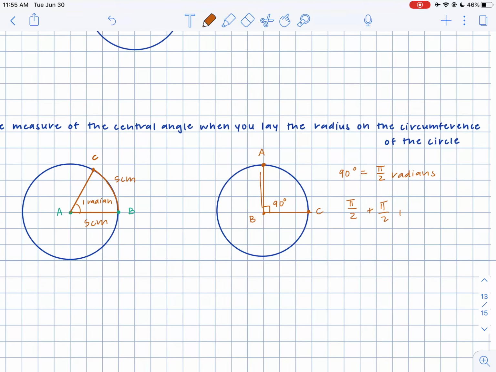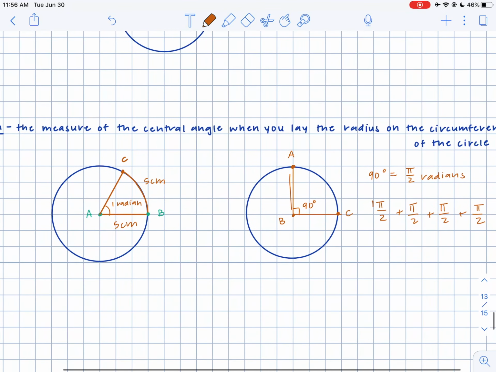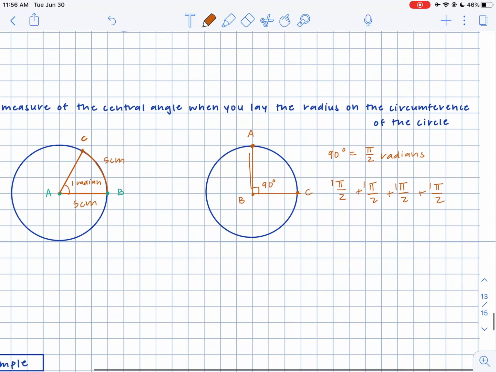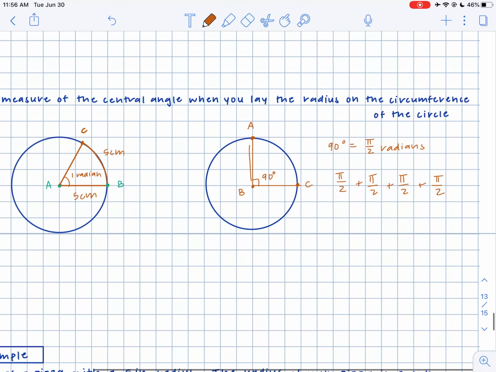And then we can just add them all together, plus pi over 2, plus pi over 2, plus pi over 2. Remember pi is just some number, so if you want, you can think of it as 1 pi over 2, so this looks like a bunch of halves adding together, right? Half plus half plus half. Maybe that's not a good way to look at it.